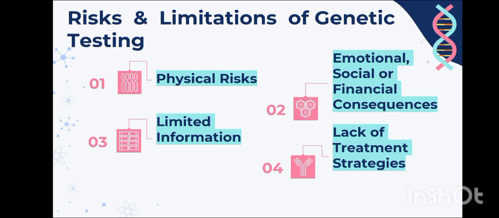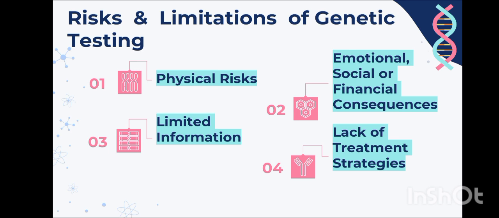Emotional, social or financial consequences. If we do any test, our emotions get attached to that test, because the result can be positive or negative. If the result is positive, how can we manage the disorder, how can we handle that condition?